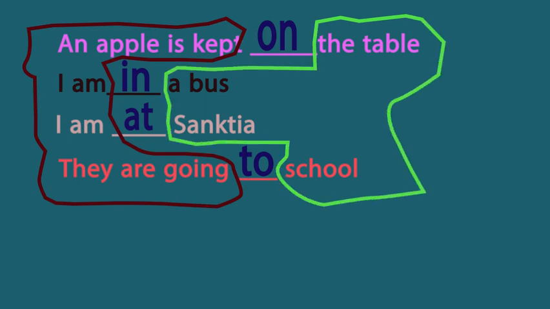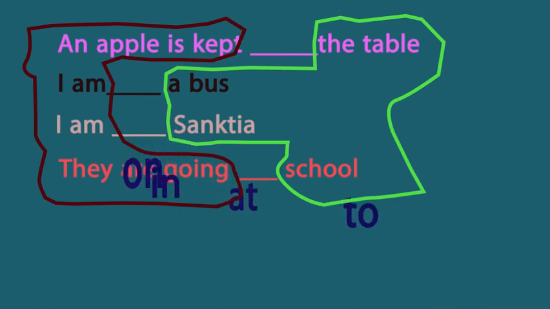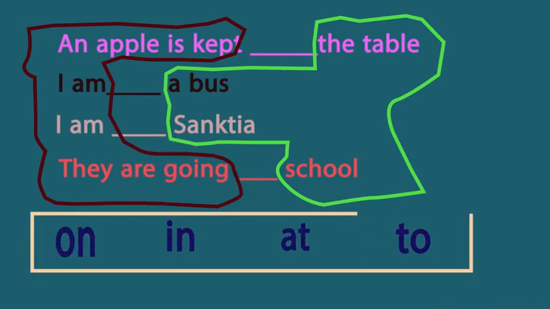And this left side part is a noun or pronoun, and the right side part is a noun or pronoun or adjective or verb. So this on, in, at, to, these all are connecting words, and these are known as prepositions.